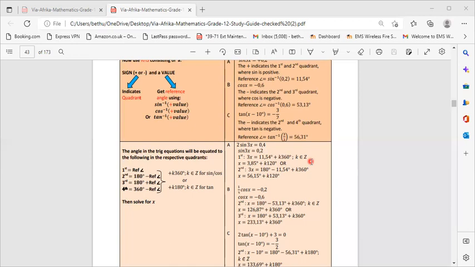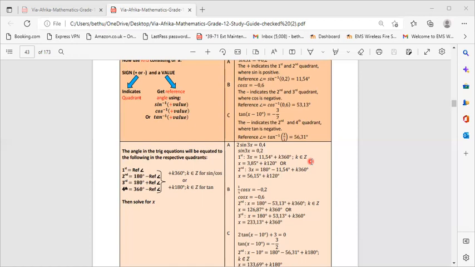That's the first quadrant. Now, second quadrant, what do we have? We've got 3x is equal to 180 degrees minus 11.54 degrees plus k times 360 degrees. This is equivalent to x is equal to 56.15 plus k times 120 degrees.